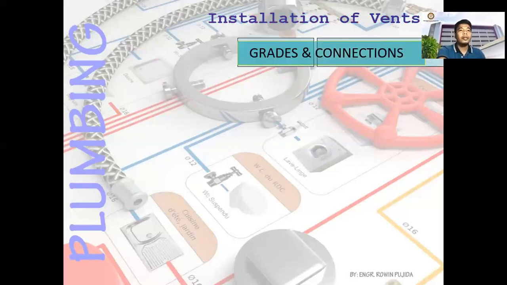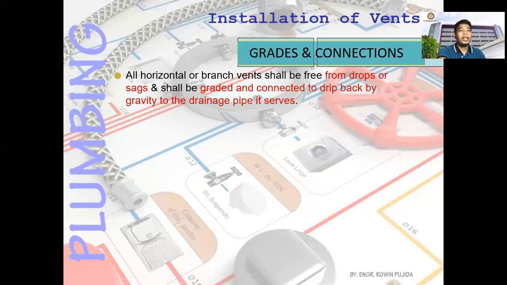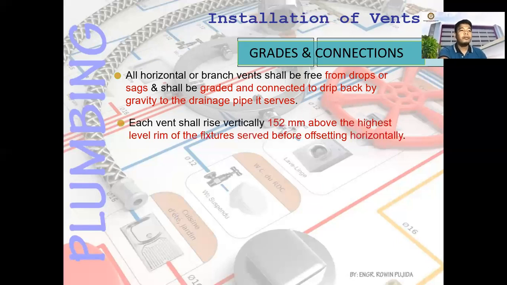Okay, so for the installation of vents, for grade and connection, all horizontal or branch vents shall be free from drops or sags and shall be graded and connected to drip back by gravity to the drainage pipe itself. Usually, to prevent sags or drops in the pipes, you use hangers or supports. Each vent shall rise vertically at least 150 millimeters above the highest level rim of the fixture served before offsetting horizontally.